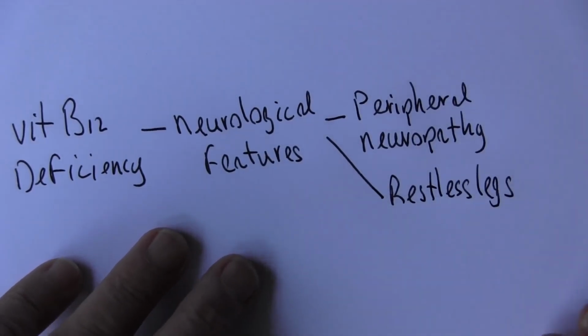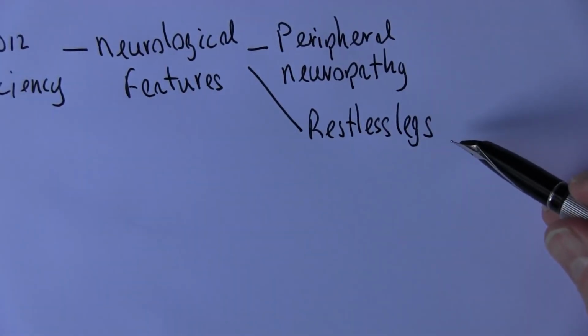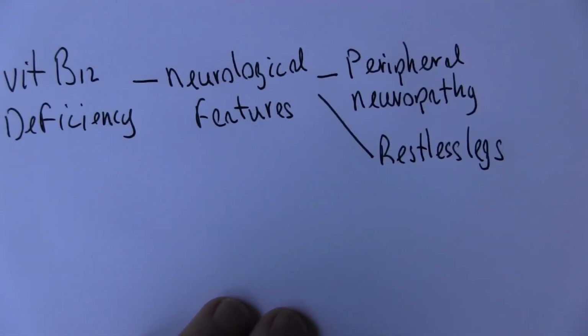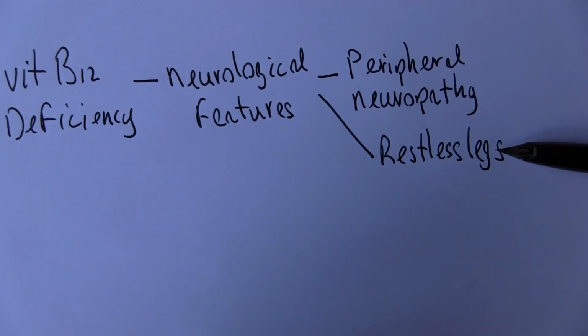Restless leg syndrome, very common. I get it myself when I'm tired. Now, I don't know for sure that this is caused by the B12 deficiency, but it certainly occurs in anemic patients, that's for sure. And you just can't keep your legs still. You've got this sort of burning feeling in your legs, really quite unpleasant.